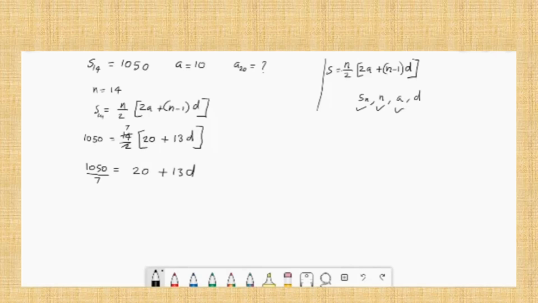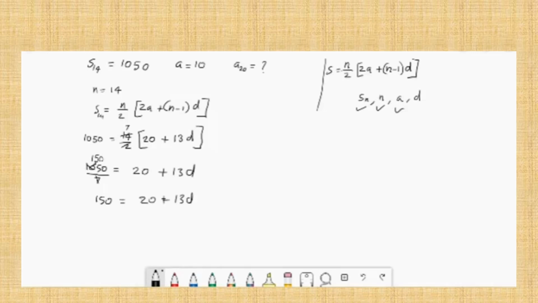So how many 7s in 1050? 150, right? In 10 there is 1 seven. The balance is 3, 10 minus 7 is 3. So you take 35. In 35, how many 7s? 5 sevens are there. Then 0. So we get 150. 150 is equal to 20 plus 13d.